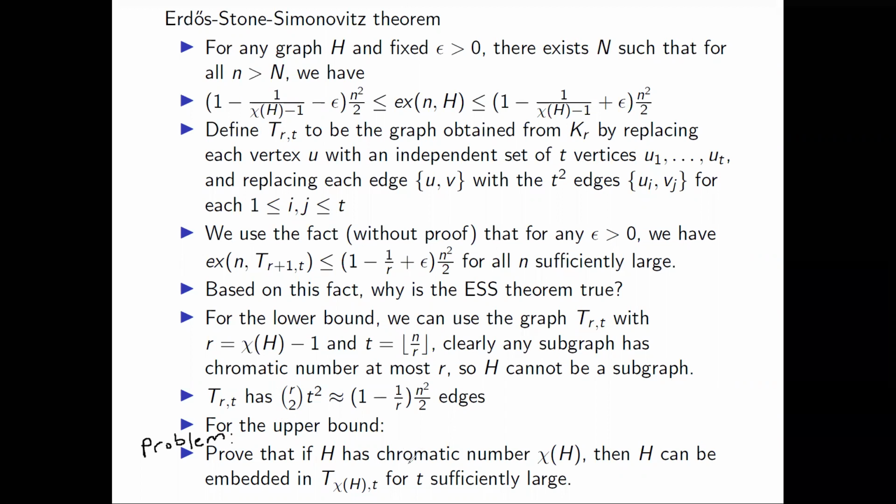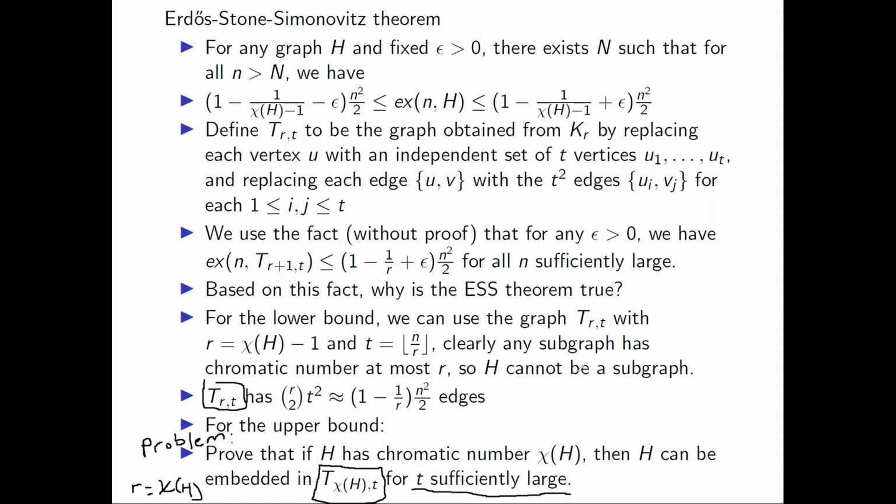Prove that if H has chromatic number chi of H, then you can embed H in this graph T_R(t) with r equal to chi of H. So prove that you can find a copy of H in this graph T of chi of H comma t, as long as t is sufficiently large.